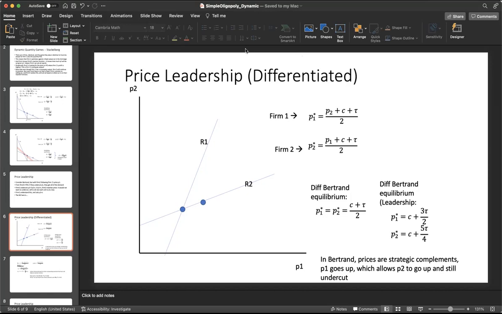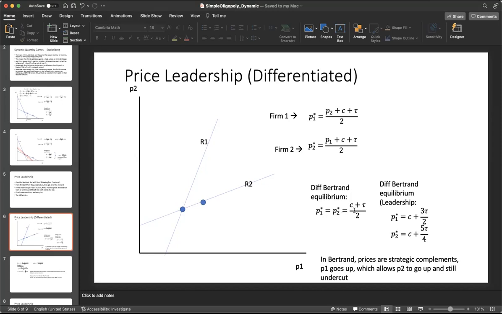Higher, right? First, compare this to Bertrand. What happened to prices under leadership versus the usual Bertrand? Prices are higher. Everyone's good on that, right?